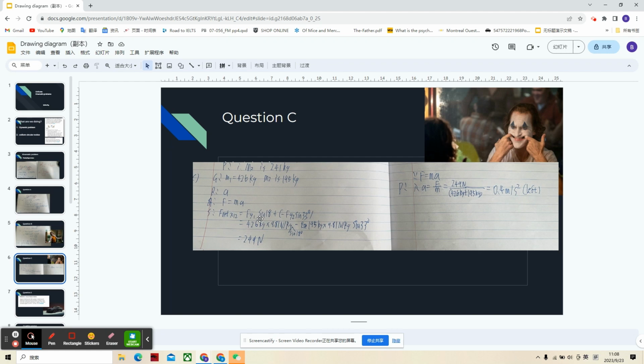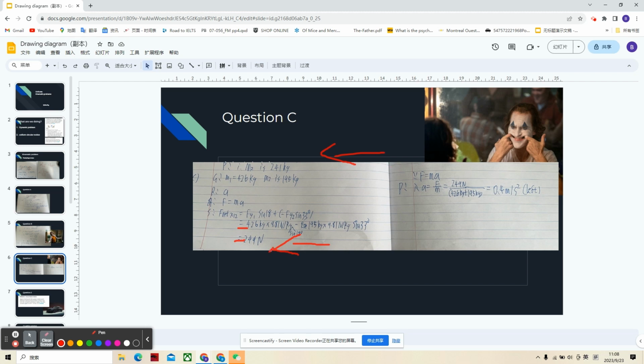Alright, we have this number here, but it should point towards the left direction since we know that the net force is moving towards the left, therefore the F net should be in the left direction as well. So we can write it as minus if you want.